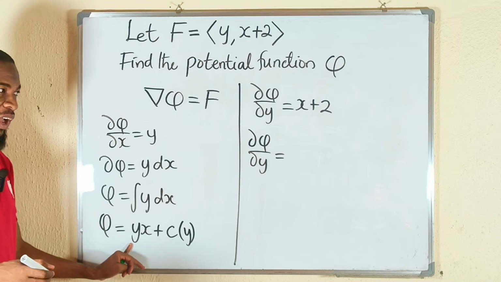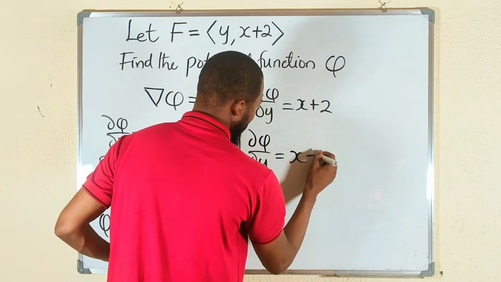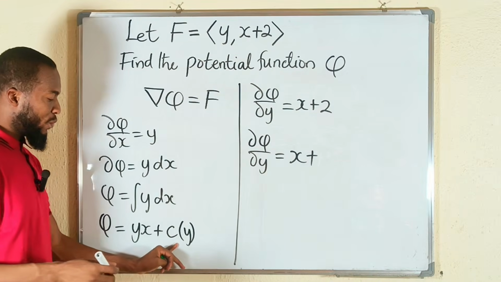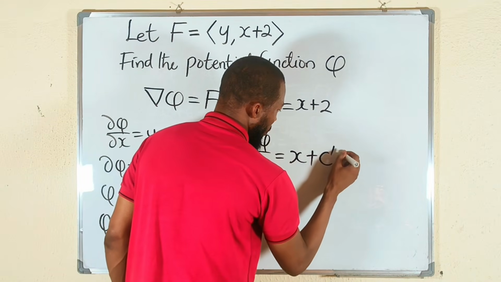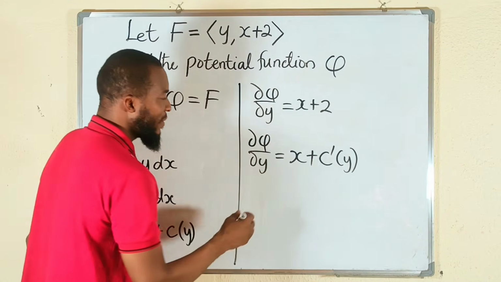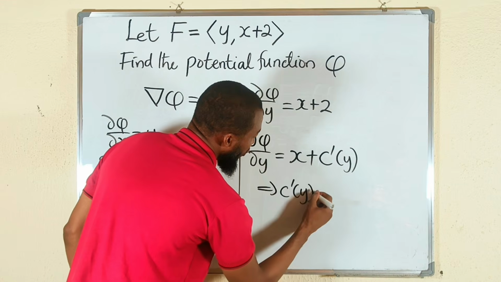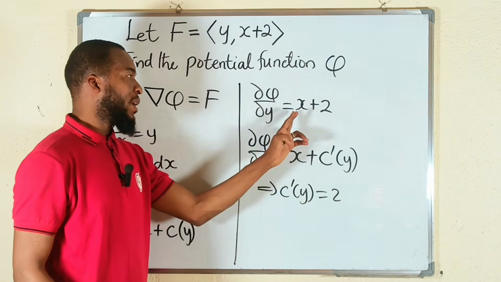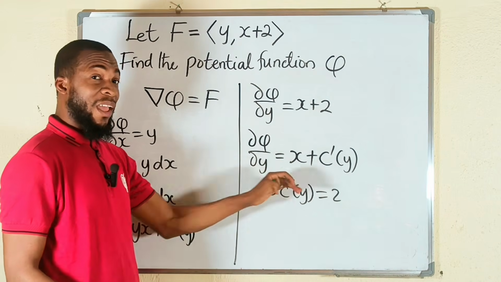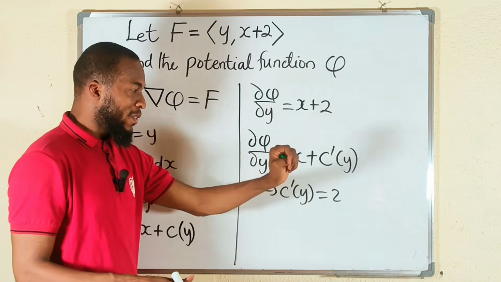The derivative of y with respect to y is 1, so we only have x. Then if you differentiate the constant with respect to y, you have c prime of y. Now this must be equal to x plus 2, which implies that c prime of y must be equal to 2, because x and x are clearly equal, which means that this 2 must be equal to this.